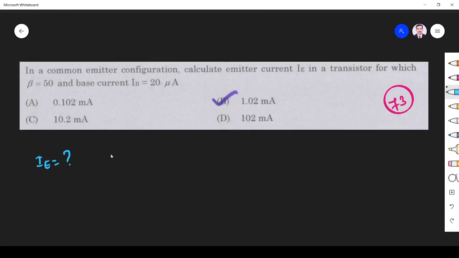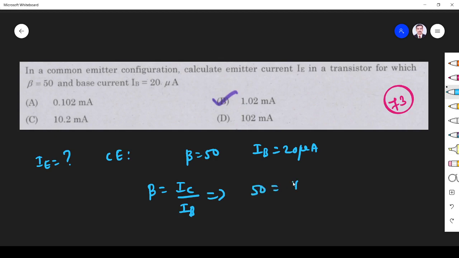IE we have to calculate. It is common emitter, for which beta is equal to 50 and IB is equal to 20 microamps. For a common emitter amplifier, beta is equal to IC by IB. So beta is 50, that is equal to IC divided by 20 microamps. IC is equal to 50 into 20 into 10 power minus 6, that is equal to 1 milliampere.